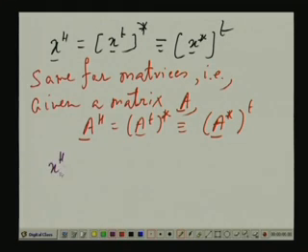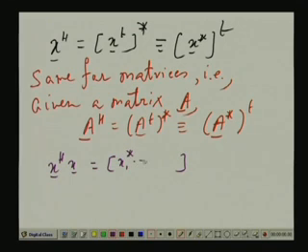One more thing you see: x Hermitian x, what will this be? x is a column vector, so it becomes a row vector by transposition, then conjugate it, and this is the original x.